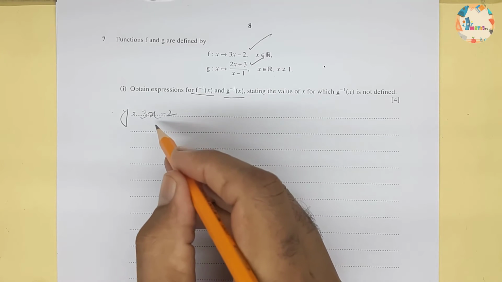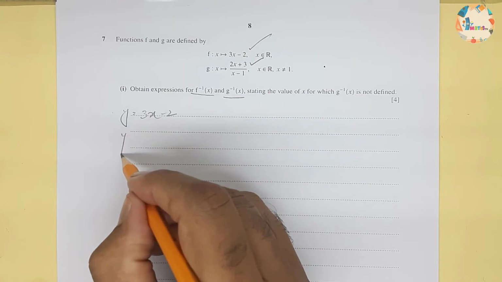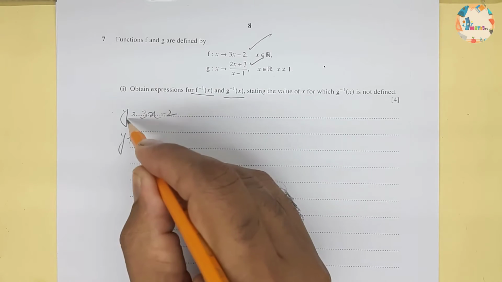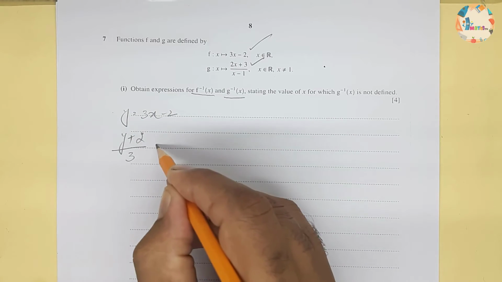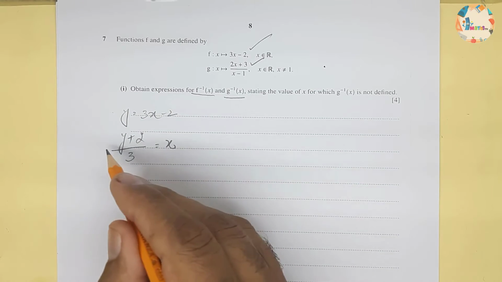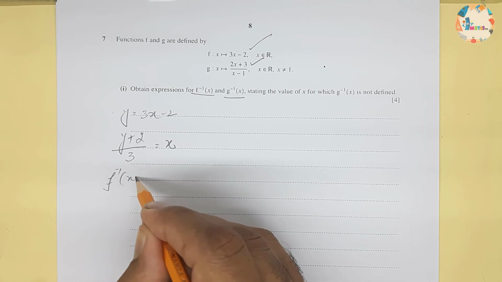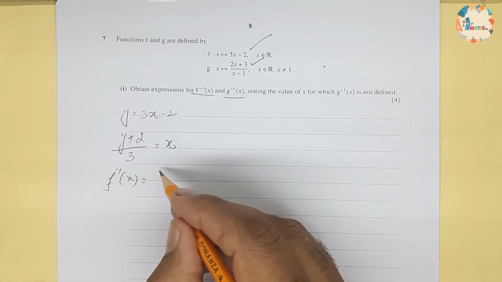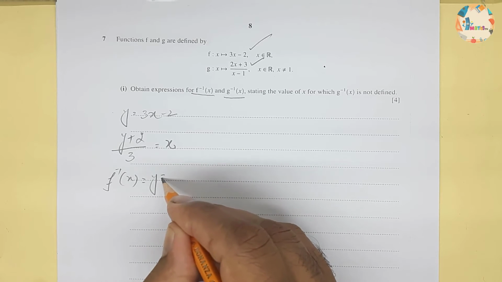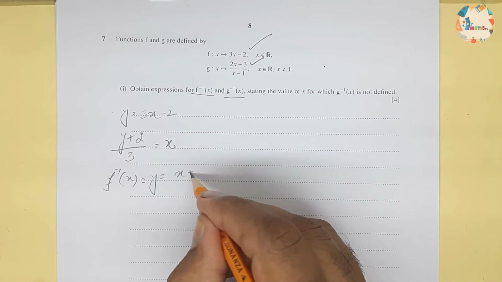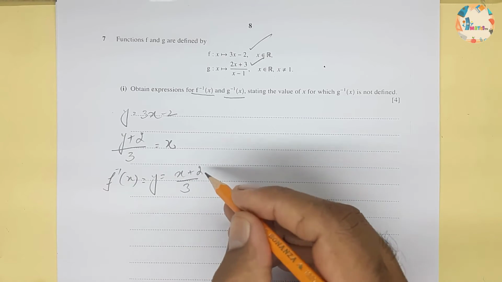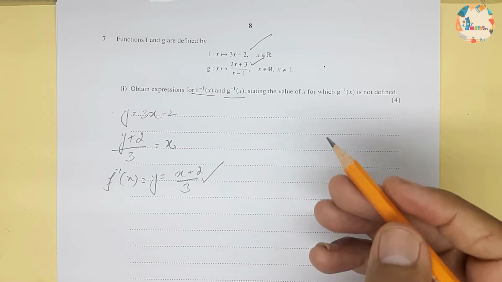Now we have to make x the subject. So y plus 2, we have shifted 2 to this side and divided by 3. This will be equal to x. Now swap x and y. So f inverse of x will be equal to y, which is equal to (x plus 2) over 3. So this will be our f inverse.